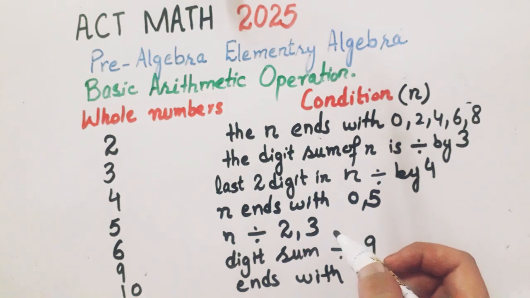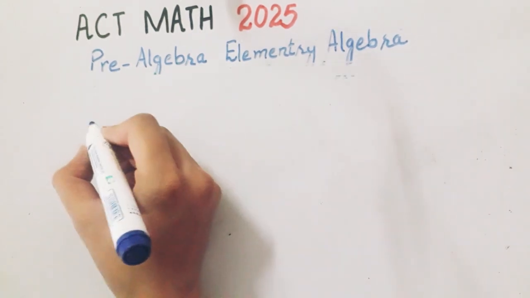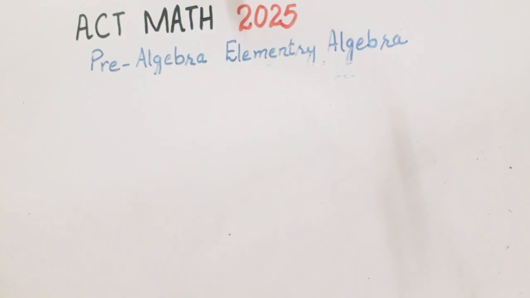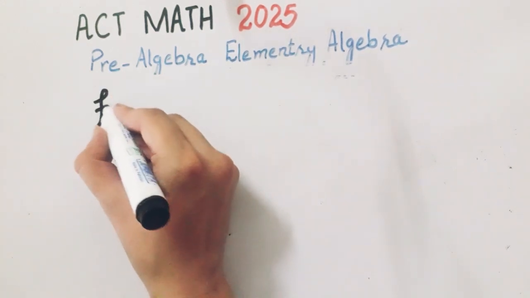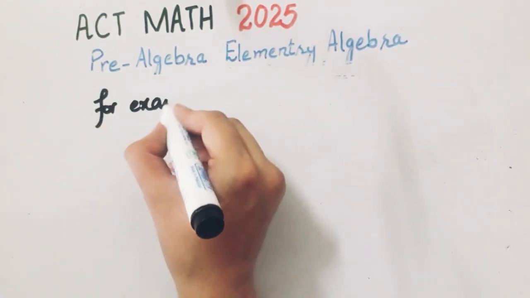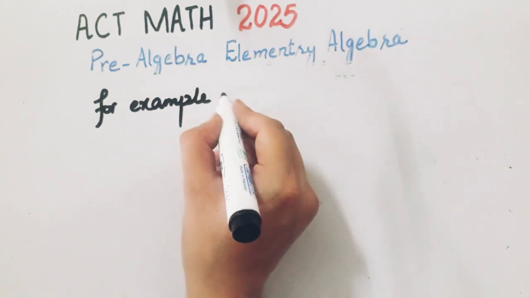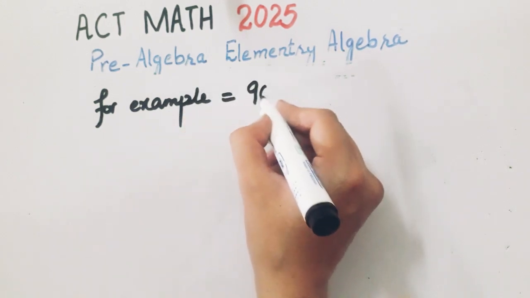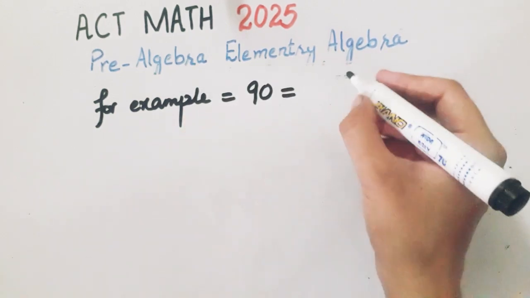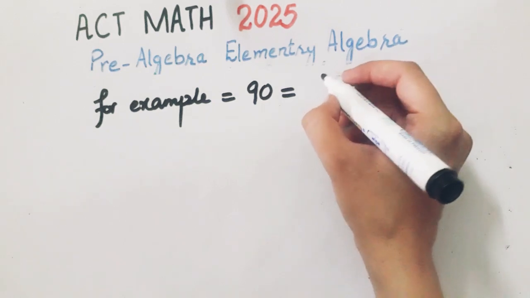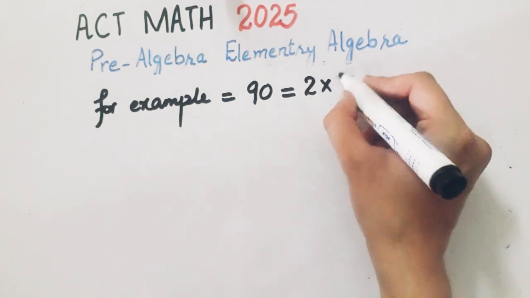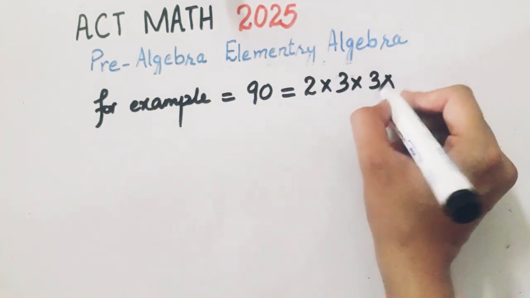For example, we have the composite number 90. 90 can be written as the product of prime numbers: 2 times 3 times 3 times 5.